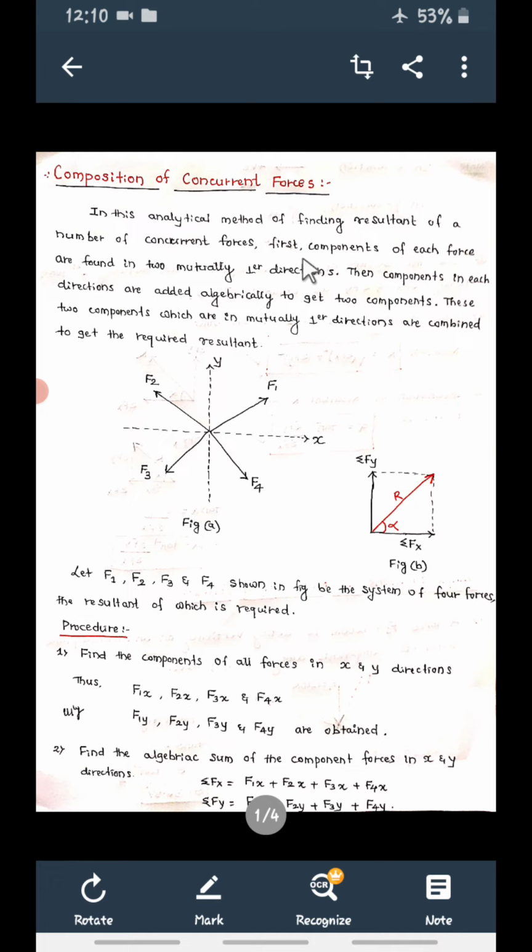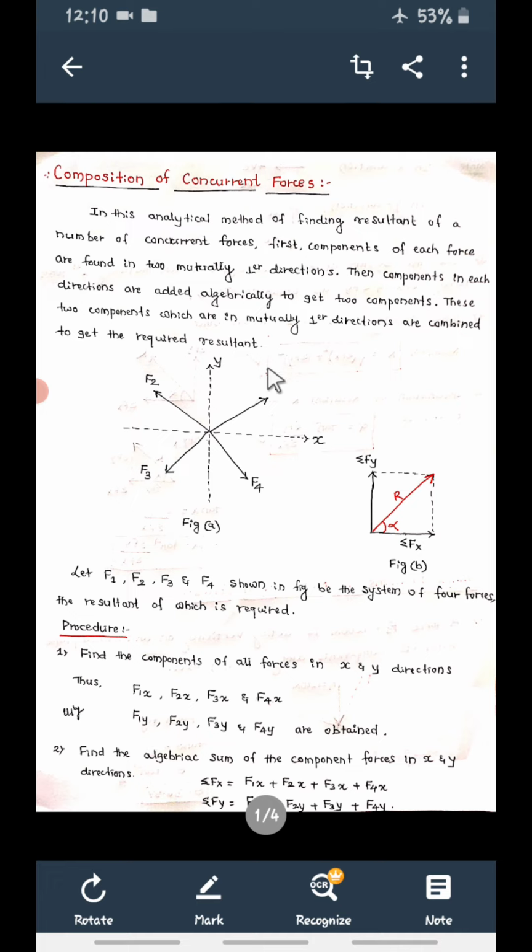So what we're going to do? First, components of each force are to be found in two mutually perpendicular directions. So component of F1 along x, component of F2 along x, component of F3 along x direction and component of F4 along x direction.